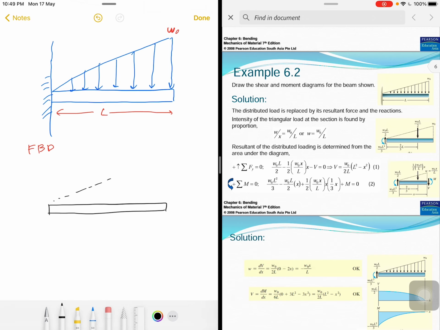So this is the load, and we represent it right here, which is 2/3 from the length. Okay, please understand why it is 2/3.